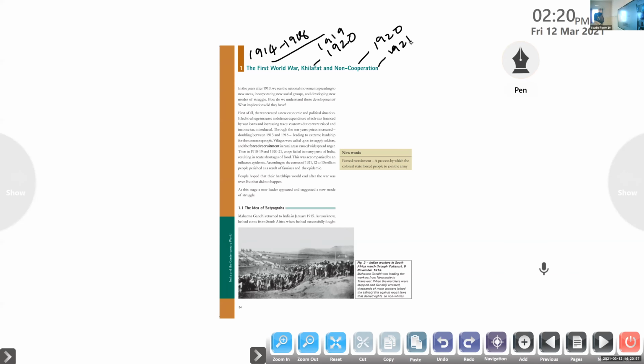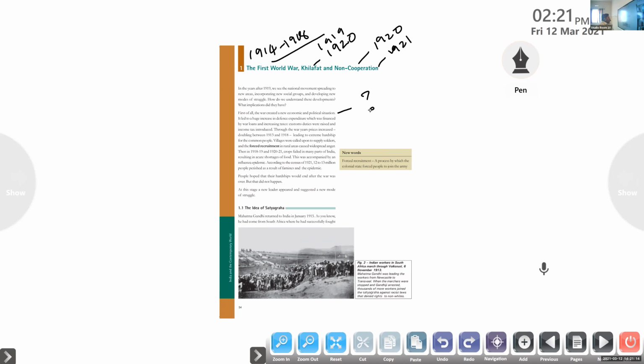First of all, the war created a new economic and political situation. It's an important question for the examination: what are the new political and economic situations created by the First World War in India? Write down the question in the textbook or in your notebook.